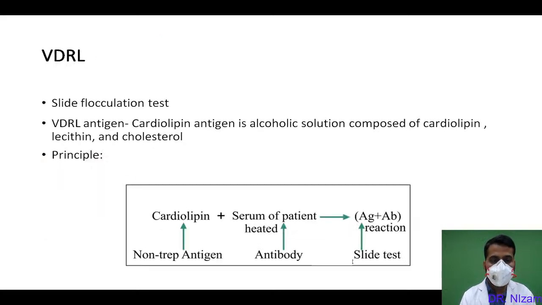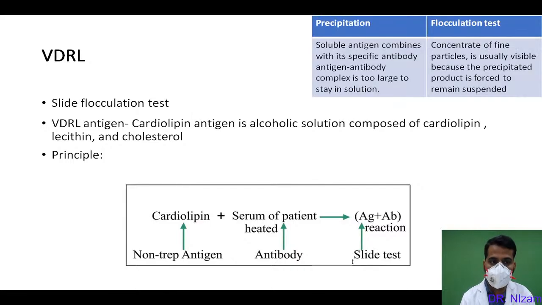Coming to the first test, the VDRL test. It is a slide flocculation test, and flocculation and precipitation are nearly the same. But flocculation means that the precipitate, that is the antigen-antibody complex, is forced to remain suspended, whereas a precipitate will remain at the bottom, that is sedimented.